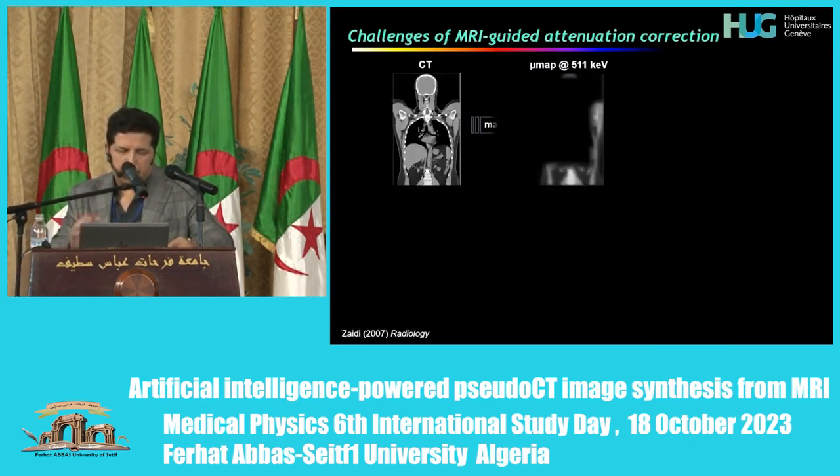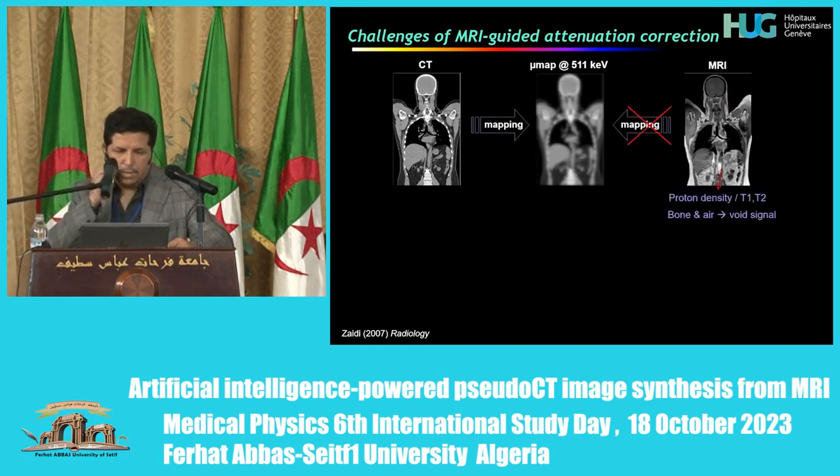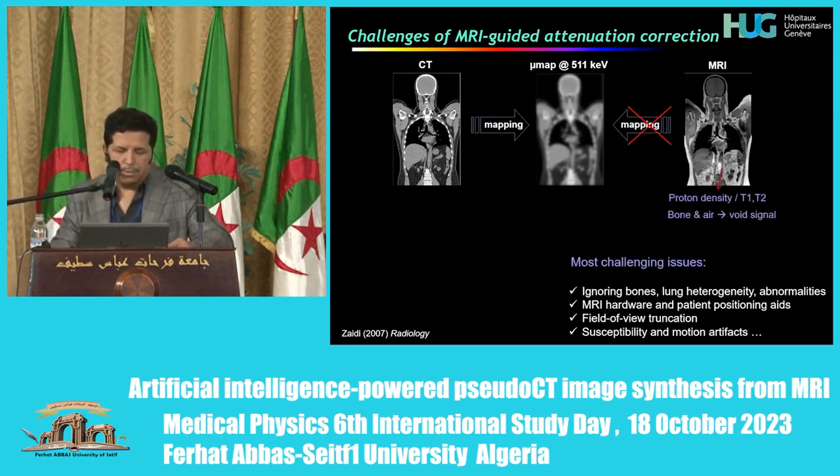The problem can be summarized in this slide here. You see the X-ray CT, which can be used to derive what we call an attenuation map in terms of linear attenuation coefficients at 511 keV. It's much more problematic when we use the MR intensities, because there is no direct correlation between the MR intensities, which are correlated with T1, T2 relaxation times and proton density, and the CT Hounsfield units or the electron density.